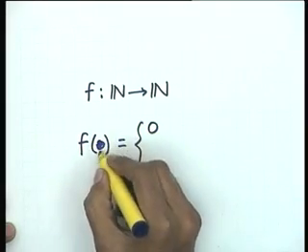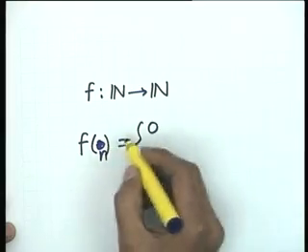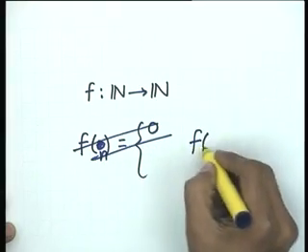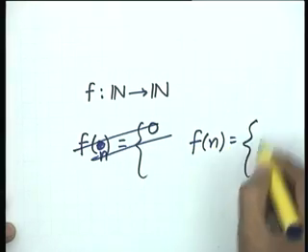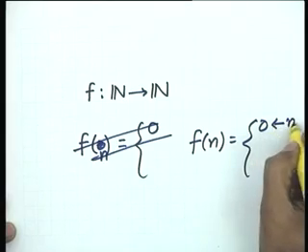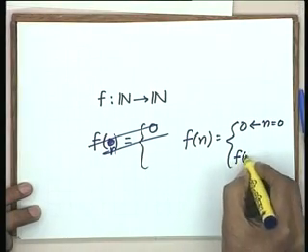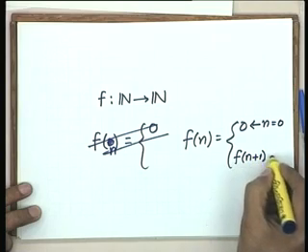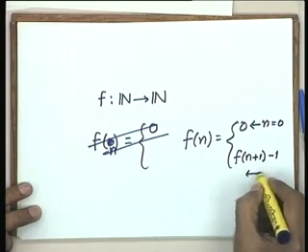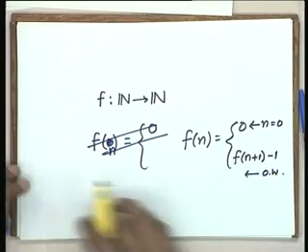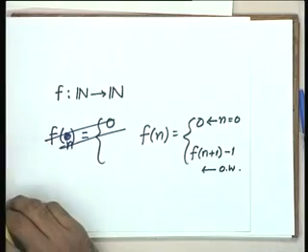F of n is 0 if n equals 0. Otherwise it is f of n plus 1 minus 1. What's wrong with this definition?